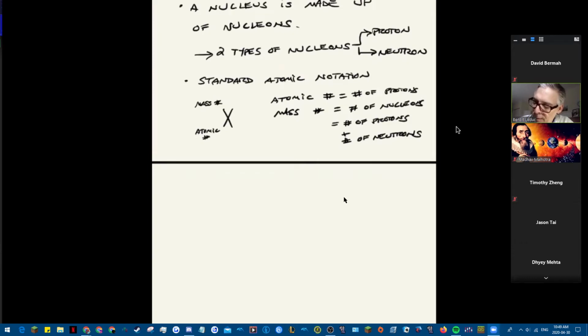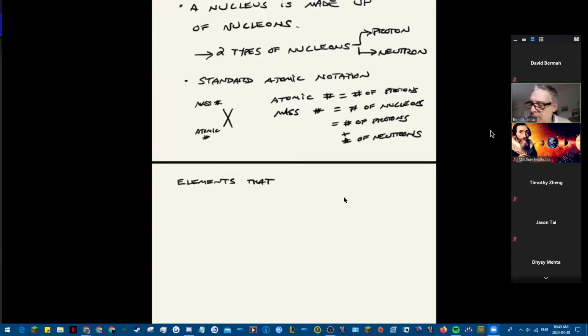All right, so example. Just before I do an example here, what determines the nature of an element is, of course, the number of protons, right?